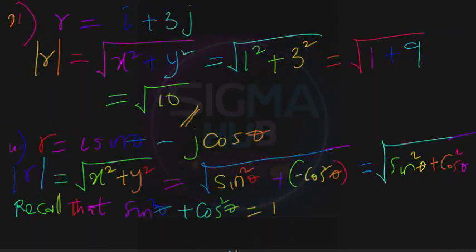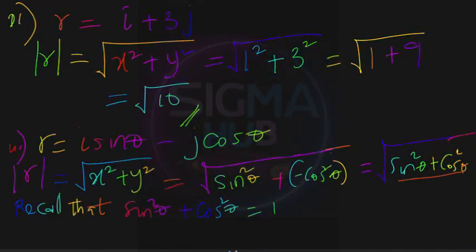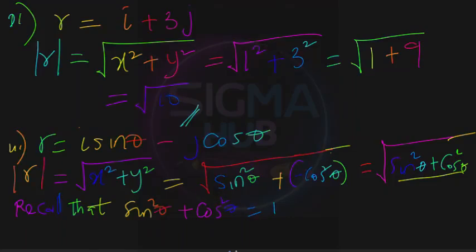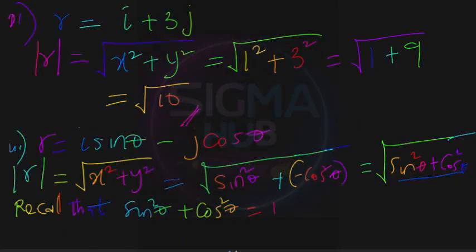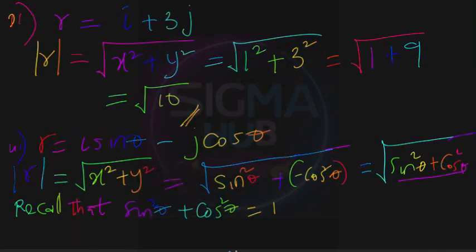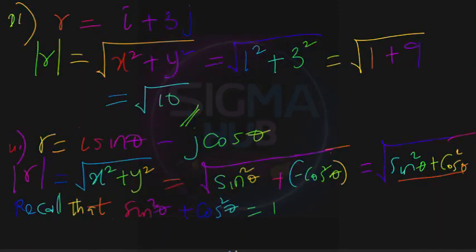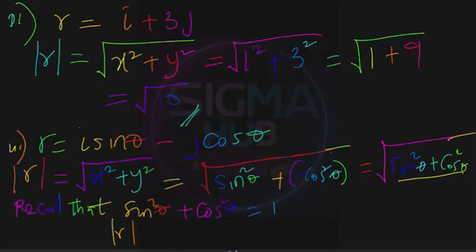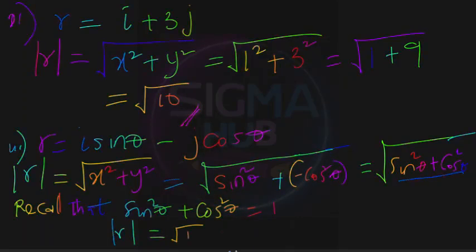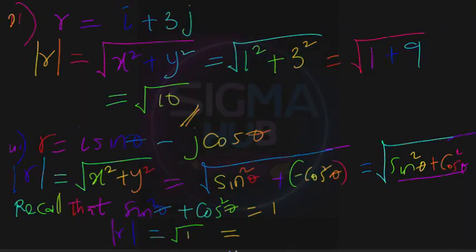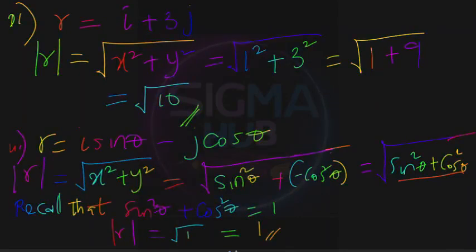So all we need to do is replace everything that we have here with 1, because sine square theta plus cos square theta is 1. So hence, the modulus or the magnitude of r is the square root of 1. And the square root of 1 still remains 1. So the answer to this is 1.